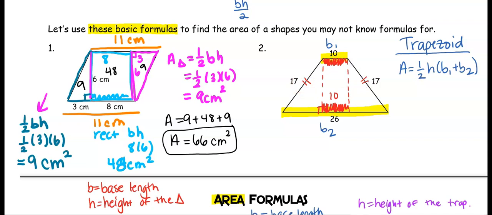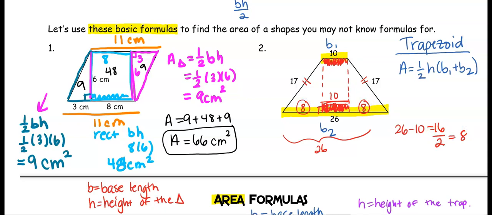It's an isosceles trapezoid. So when I tell you that this whole base right here is 26, and this part of it is 10, if I do 26 minus 10, I'm left with 16 for here and here. Because it's isosceles, it's going to be split evenly. So this is 8, and this is 8.